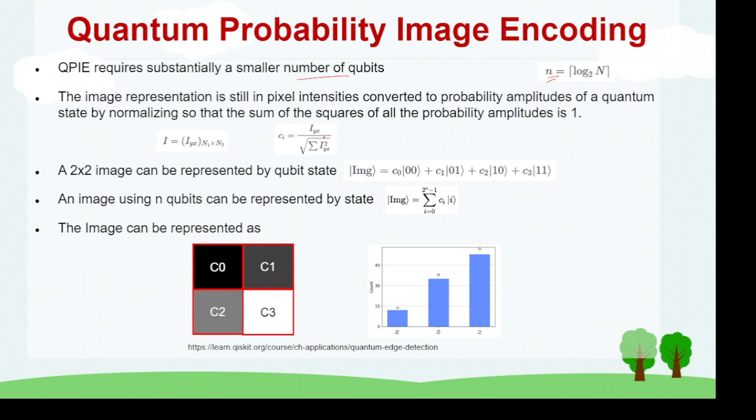The image is still represented in pixel intensities, converted to probability amplitudes. This is very important: not the phase of a quantum state, by normalizing so that the sum of the squares of all probability amplitudes is 1.